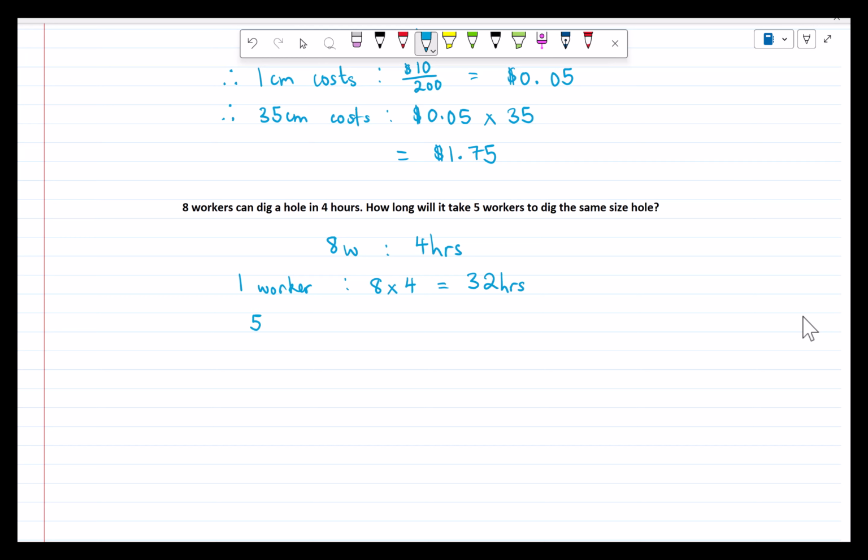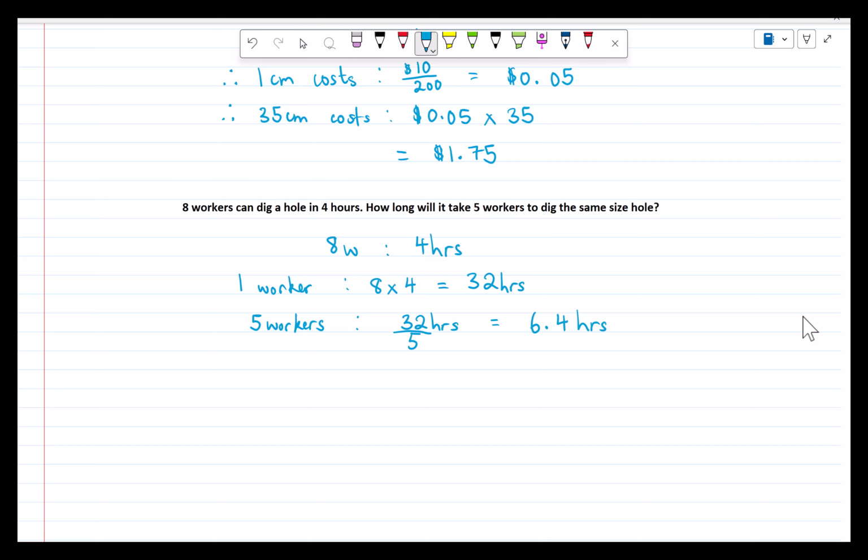I want to find out how much time 5 workers would take to dig the same hole size. So to find how much time 5 workers would take, we then divide. We say 32 hours, which is for 1, divided by 5 workers, and we get our answer as 6.4 hours.